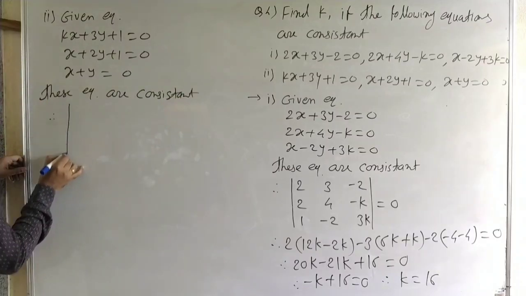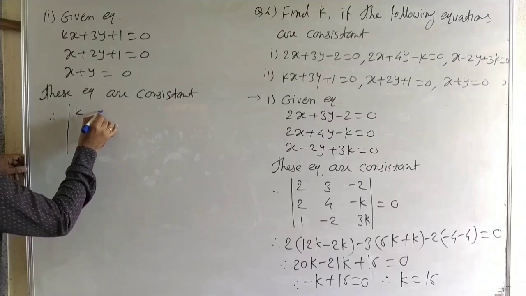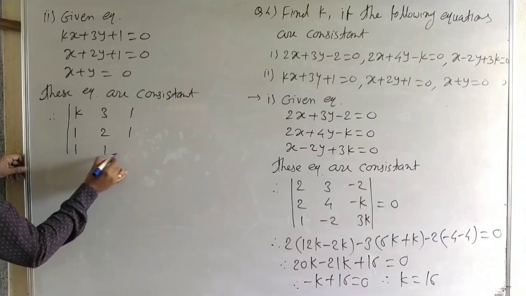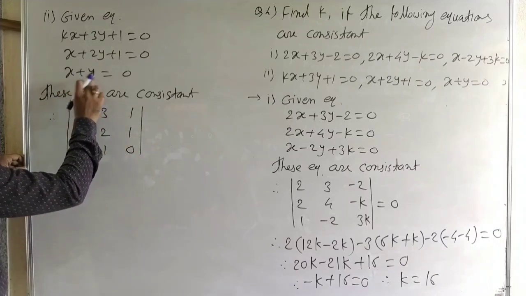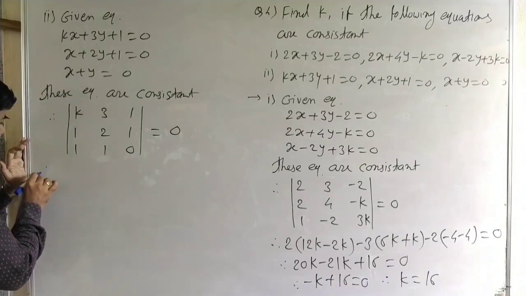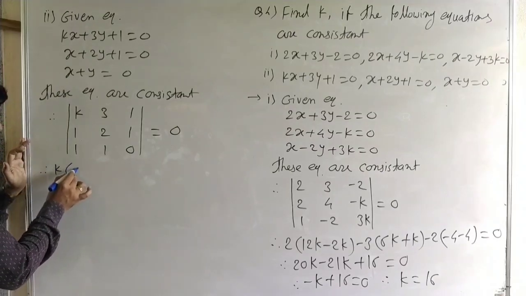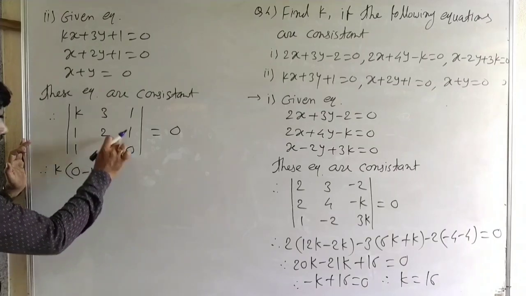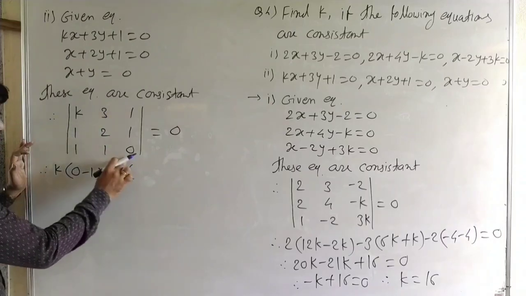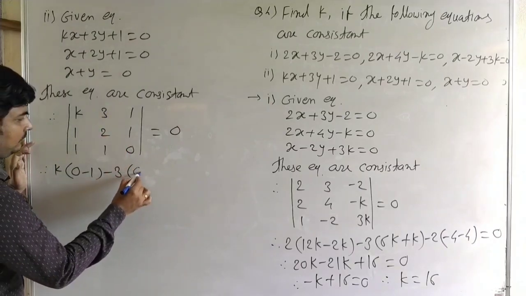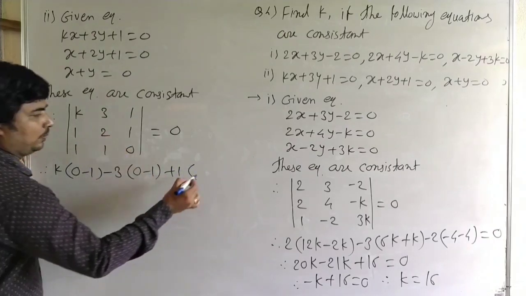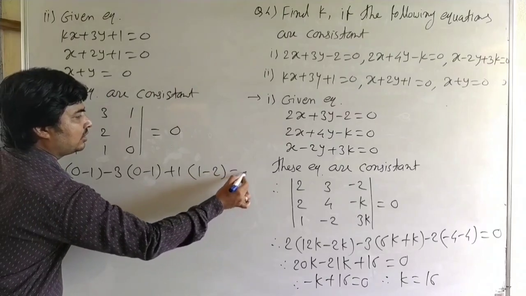Therefore the determinant of k, 3, 1; 1, 2, 1; and 1, 1, 0 is equal to 0. This determinant is equal to 0 and therefore find the determinant. It is k into 0 minus 1, and it is minus 1, minus 3 into again 0 minus 1, and plus 1 into 1 minus 2 is equal to 0.